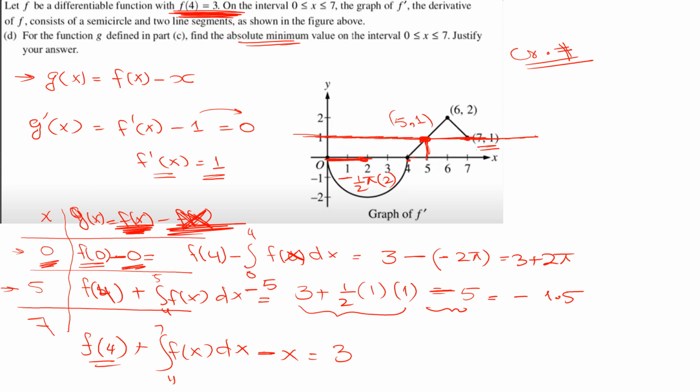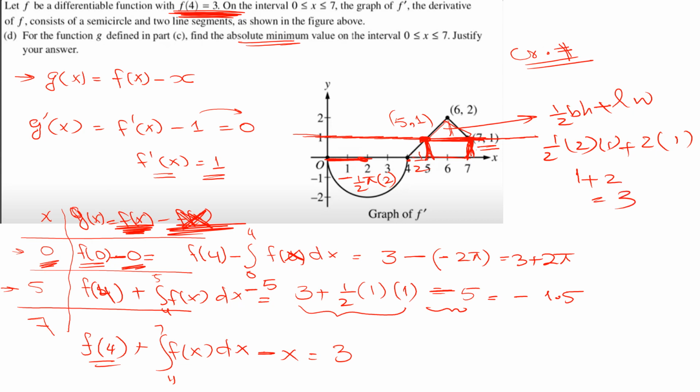If you look at the region from 4 till 7, this is a triangle and a rectangle. The triangle is half BH and the rectangle is length times width. Half of the base is 2 and the height of this triangle is 1, so it means 1, plus length times width: 2 is the length and the width is again 1, so plus 2. So the answer is 3.